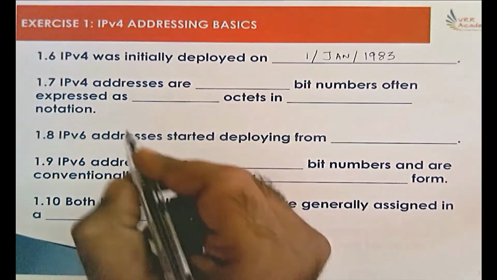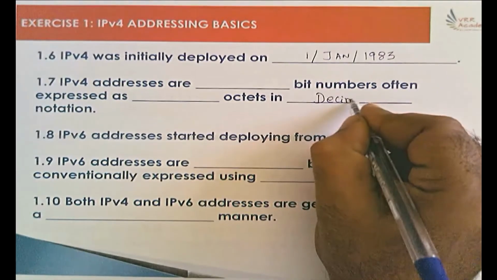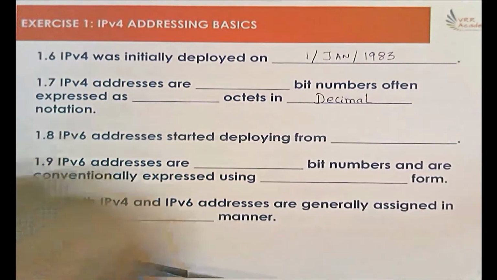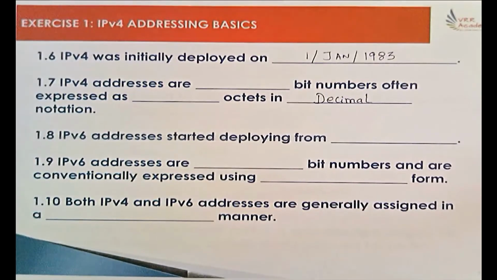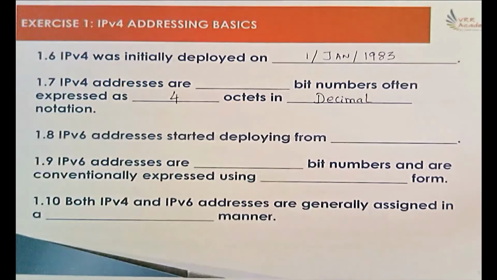We are using the decimal notation, which means the IP address will be using the numbers 0 to 9 only. Then often expressed as dash octets. Octets means a collection of 8 bits. How many octets are available in an IPv4 address? We are going to have 4 octets.